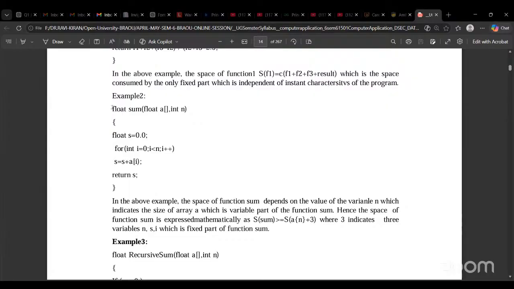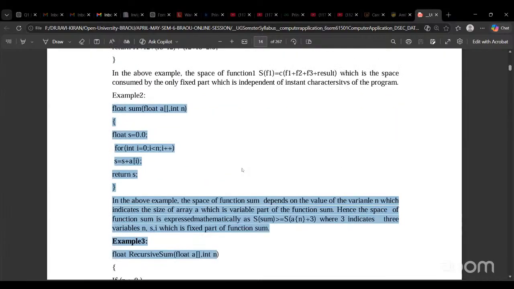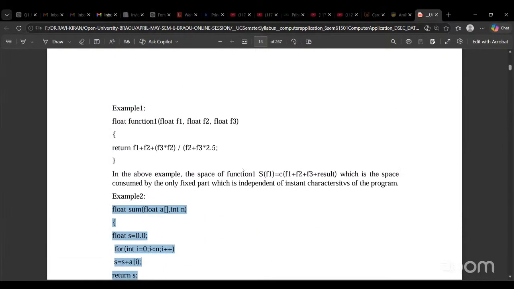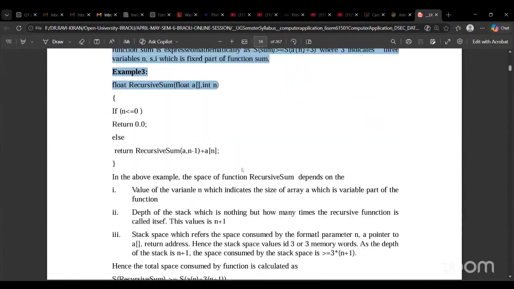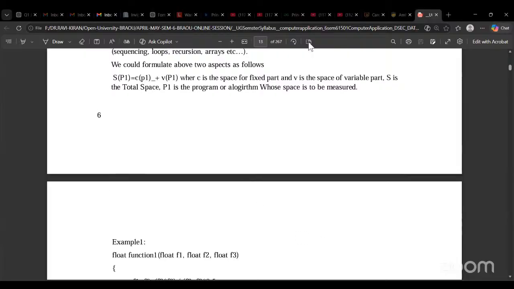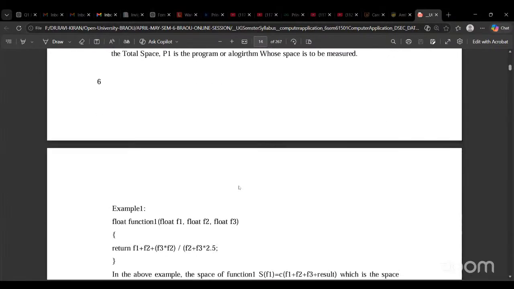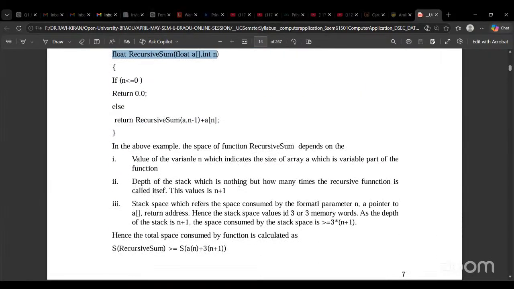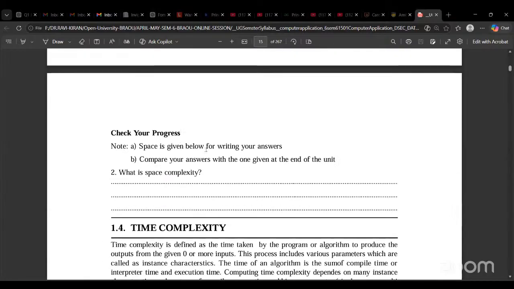And like this, one more program is there, so just go through this. We'll discuss the remaining programs in the next class with Java. After this program, you can write the answer to the question: what is space complexity?